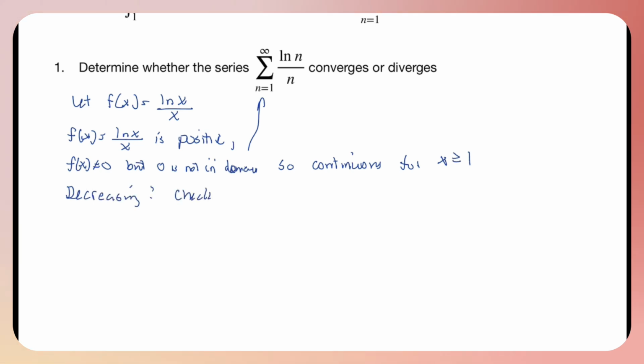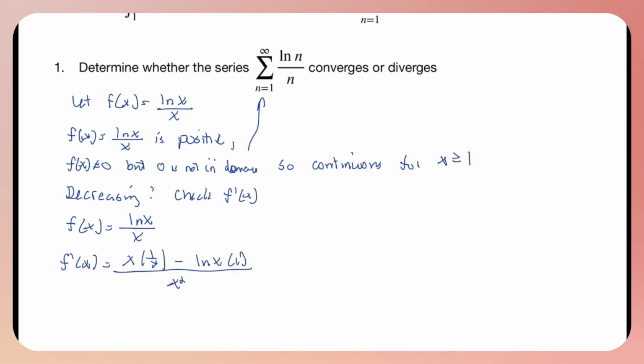So to figure out if f of x, which is the natural log of x over x, decreases, we're just going to differentiate this. Quotient rule, so that's low d high minus high d low over low squared.